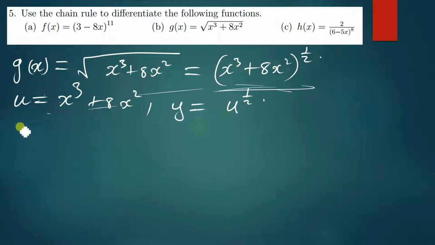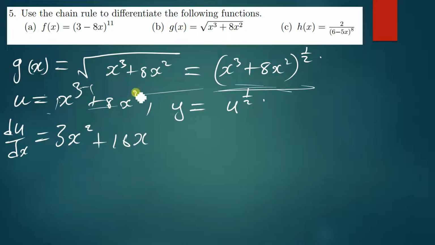So the first thing that we need to do is to find du dx. Using the power rule, we're going to have 3 times 1, that will be 3x to the power 3 minus 1, that will be 2. Then we have plus 8 times 2, the answer is 16x, 2 minus 1, that's 1. So we can raise that x to the power 1, which is just the same as writing x alone.